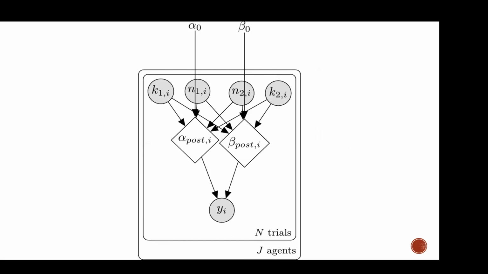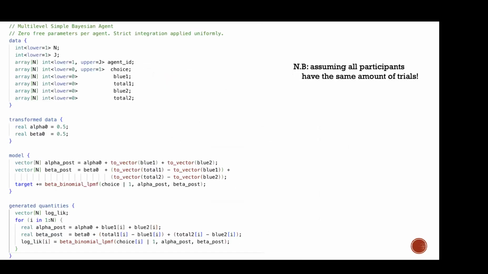So this is the multi-level simple Bayesian agent. Nothing happens except I put a new square called J agents around. What changes in the data is that we have an agent ID, which basically says for each row in the vector which agent it is.